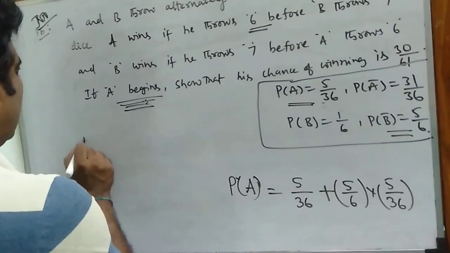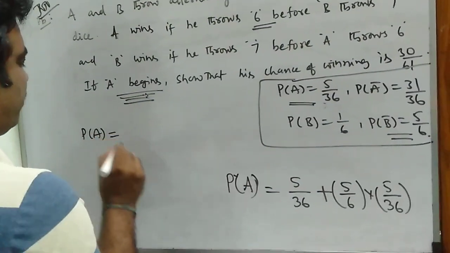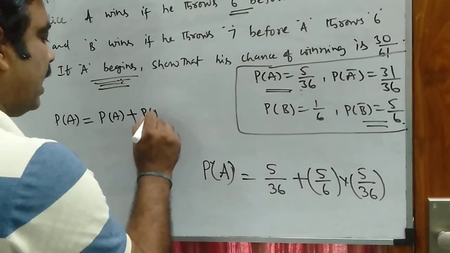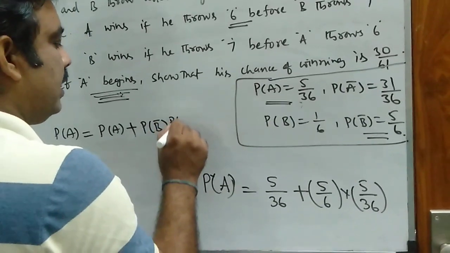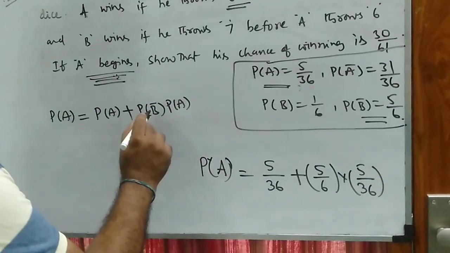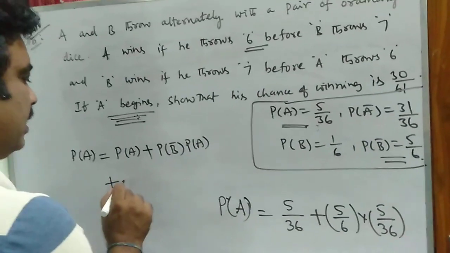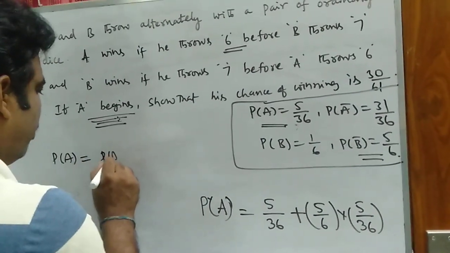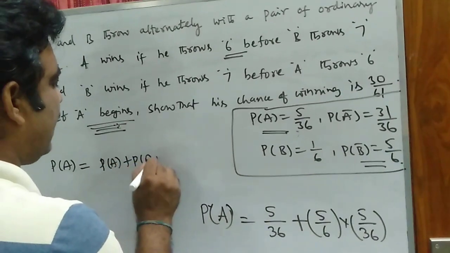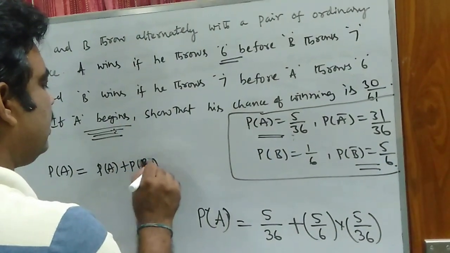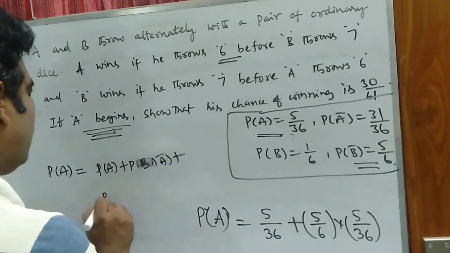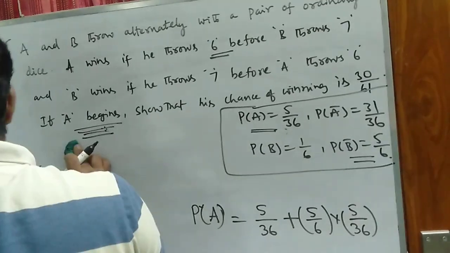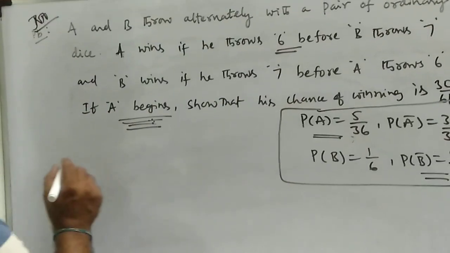So simply, I can show it like a formula. P of A is, in the first trial he has to win. In the second trial B should not throw 7, then he has to throw 6, P of B bar into P of A. In a clearer way, P of A plus P of A bar intersection B bar intersection A, plus so on.